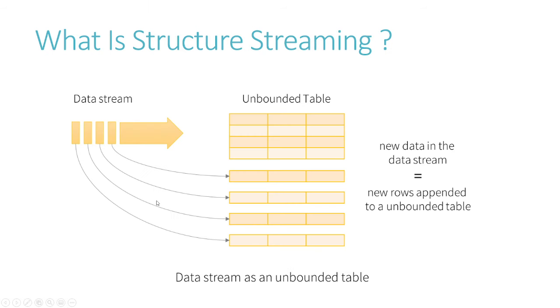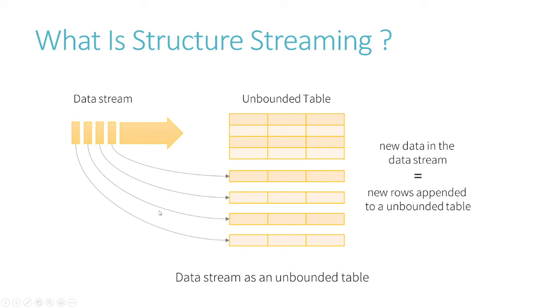Okay, so what exactly does structured streaming mean? It is considered as an unbounded or infinite table, and every stream would be appended into that table. Suppose you are having Twitter data, and you are getting all the tweets in a tweet table.